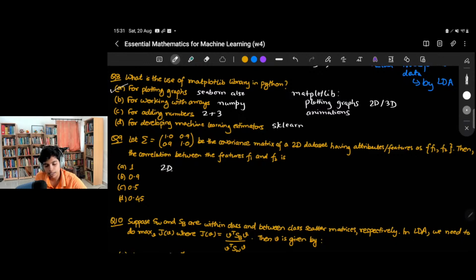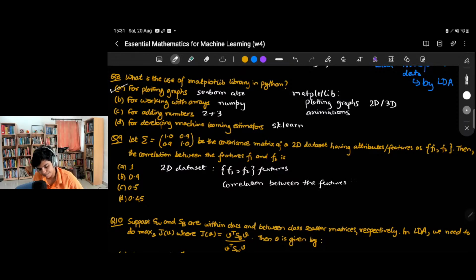We have a 2D data set, f1, f2 are the features of the 2D data set, and the correlation between the features is given as follows.